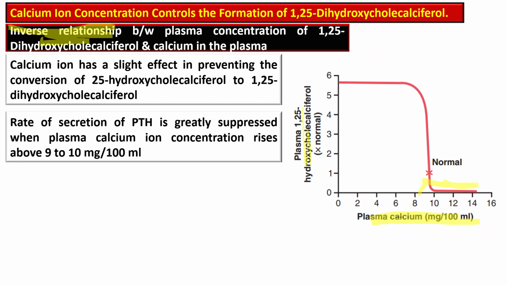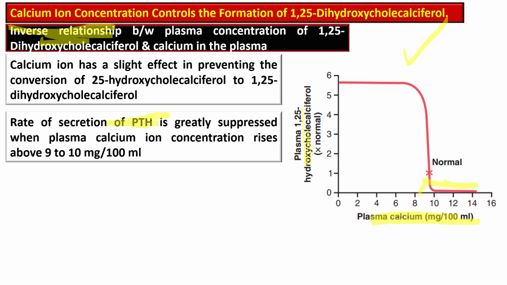Elevated calcium level inhibits the conversion of 25-hydroxycholecalciferol into 1,25-dihydroxycholecalciferol in the kidney. Low calcium stimulates the parathyroid hormone, and this parathyroid hormone enhances this conversion in the kidney, boosting active vitamin D production while calcium is low.